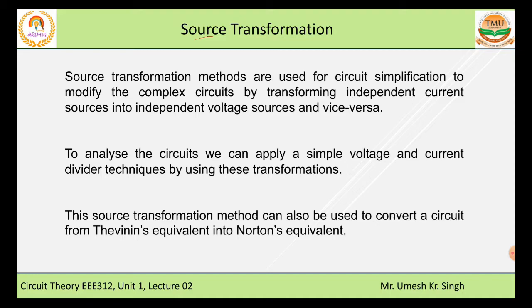If this particular circuit condition exists in this network or circuit, then we can convert the voltage into current or current into voltage depending upon our requirement to solve the complex circuit.